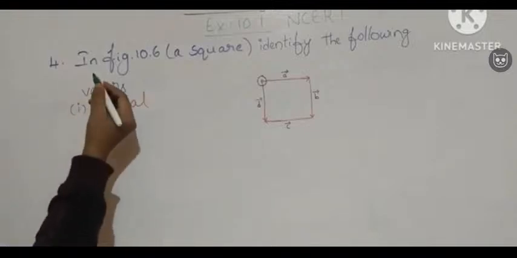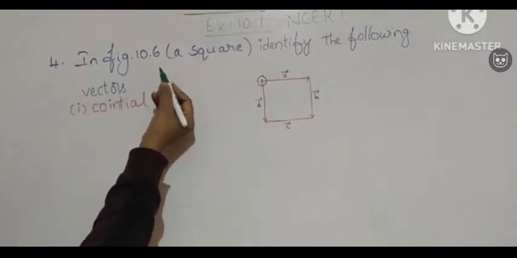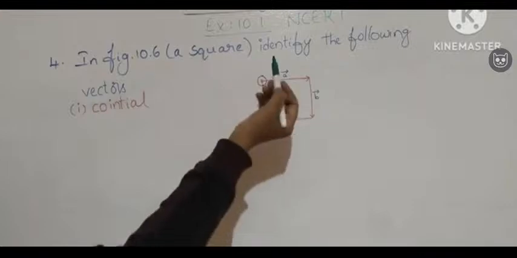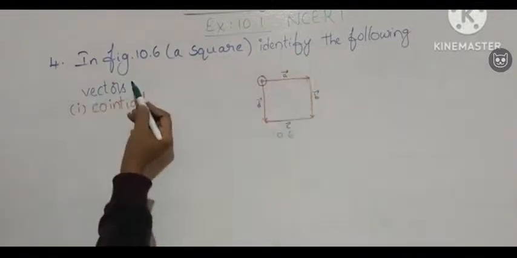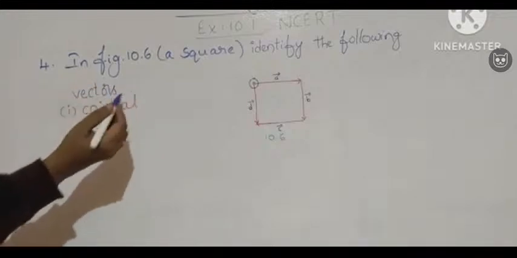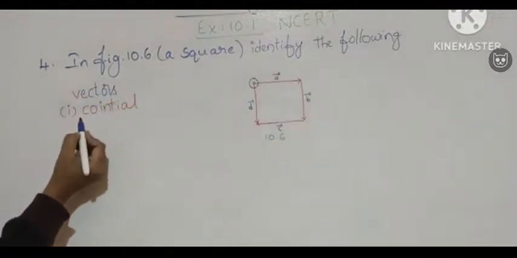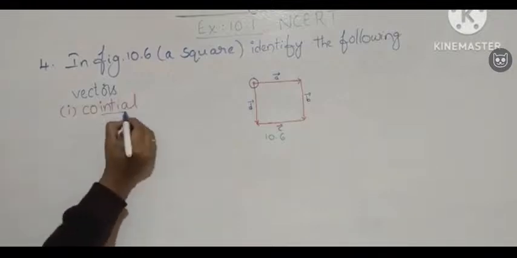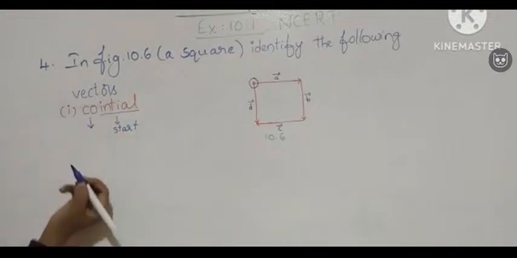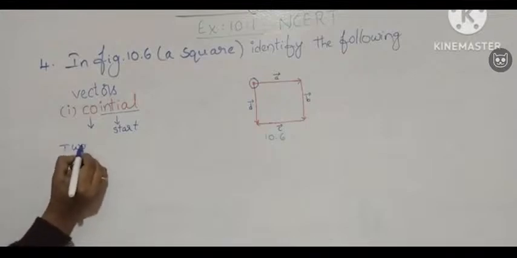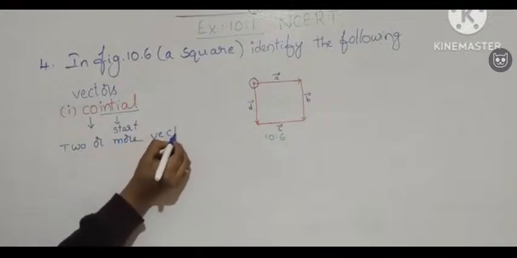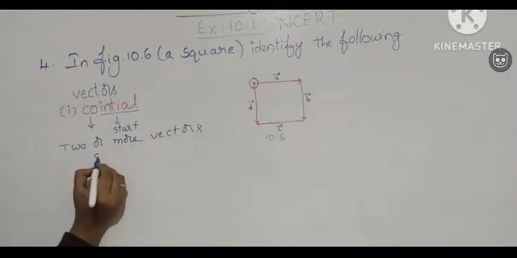Question number 4 is in figure 10.6. It is a square. Identify the following vectors. In this question, first we need to identify co-initial vectors. Co-initial means two or more vectors start at the same point.